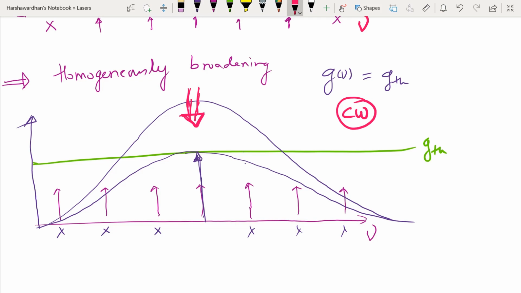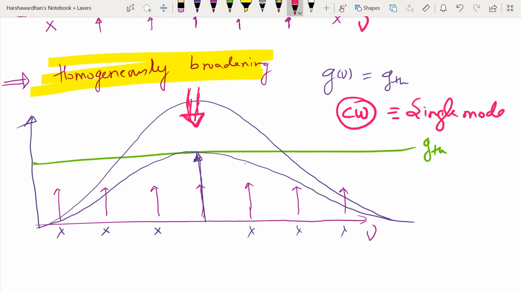Because of that, multiple atoms get saturated differently, and that leads to the multimode oscillation. But let us say you ensure that there is no inhomogeneous broadening mechanism, and the system is purely homogeneously broadened. In that situation, the CW output invariably happens to be of a single mode. Only a single mode oscillation is possible if the medium is purely homogeneously broadened.